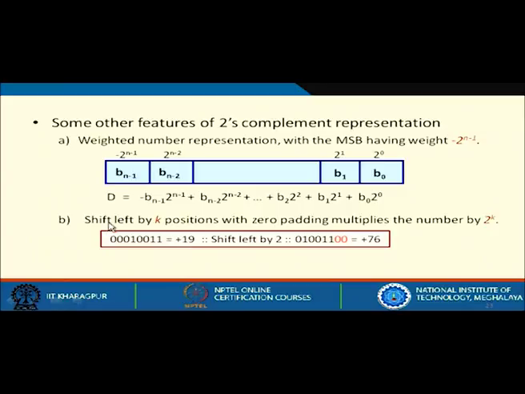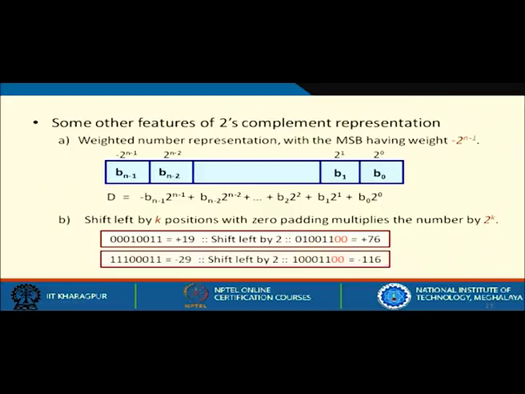We shift left, so this number is shifted left by 2. We shift it once and once more. If you shift it 2 times, it will become 0 1 0 0 1 1 0 0, and this is equivalent to plus 76. Basically, we have multiplied by 2 to the power 2, that is 4.